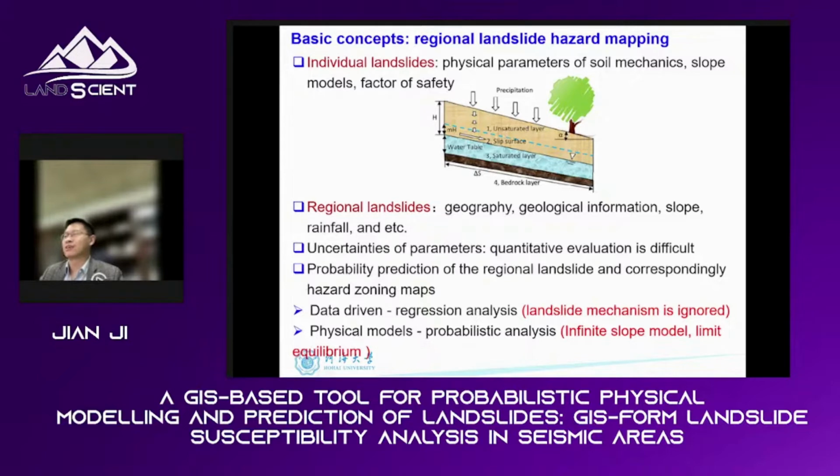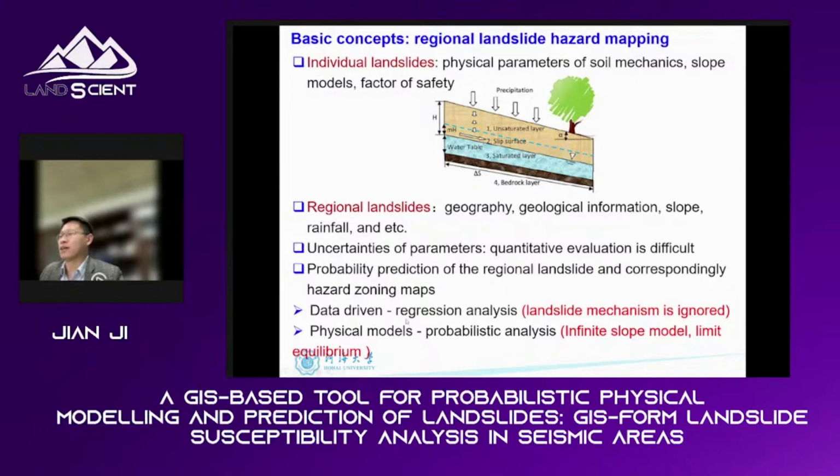So that is called the uncertainty of geotechnical parameters, which are important for our accurate understanding of regional landslides. The purpose of our work is to develop a probability analysis tool to predict the regional landslide failure probability.